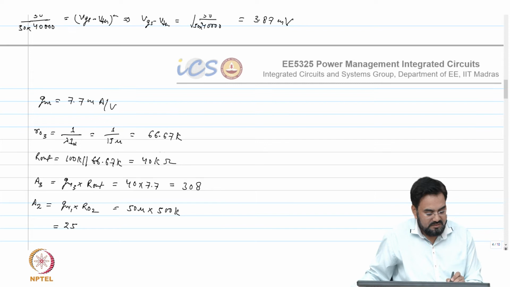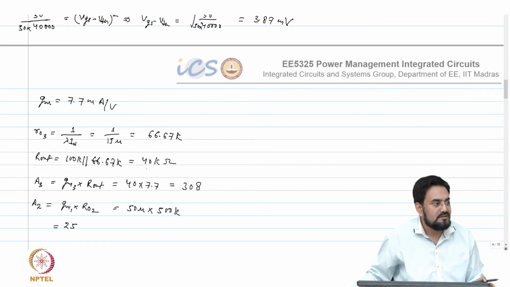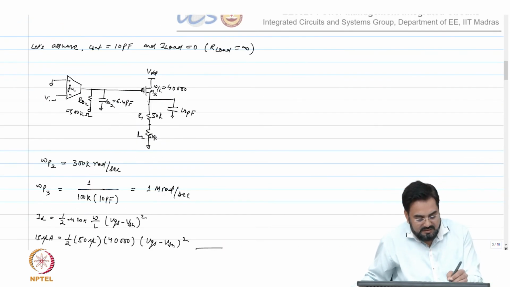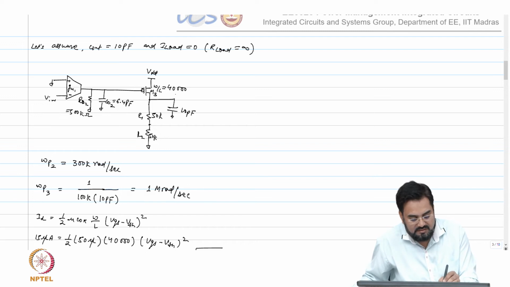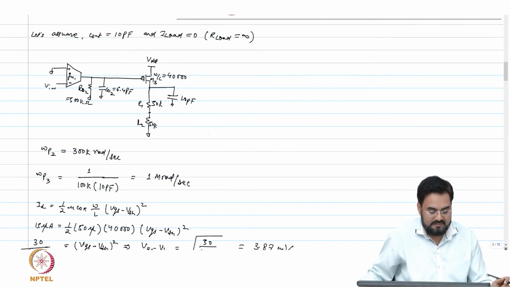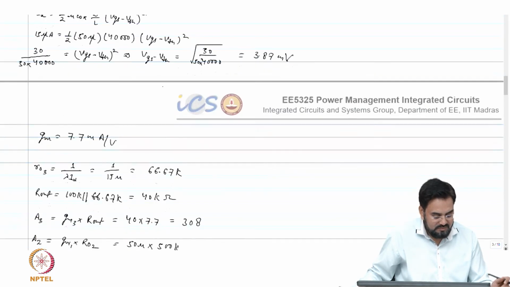Not here, sir. It's omega, while calculating the frequency. Are you talking about the gain or frequency? Frequency, omega P3. In omega P3, you have to look at the effective resistance at this node, which is your V out. When you're taking the capacitor as source, that resistance RDS will be parallel to 100K.